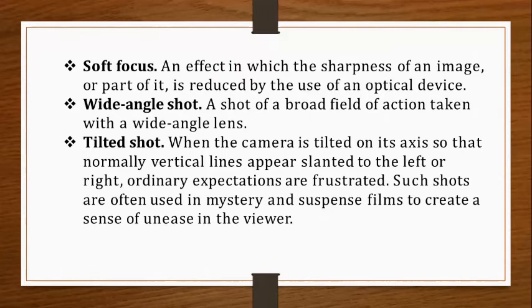Next is the wide angle shot. Wide angle shot is basically a wider range of lens and frame. In cinematography, a wide-angle lens refers to a lens whose focal length is substantially smaller than the focal length of a normal lens for a given film plane.